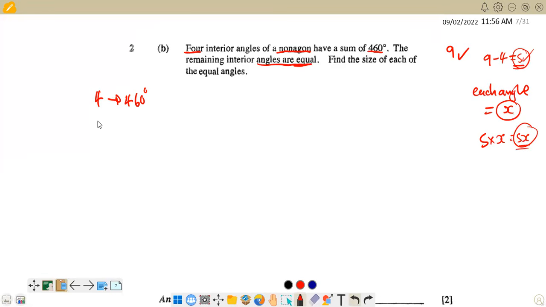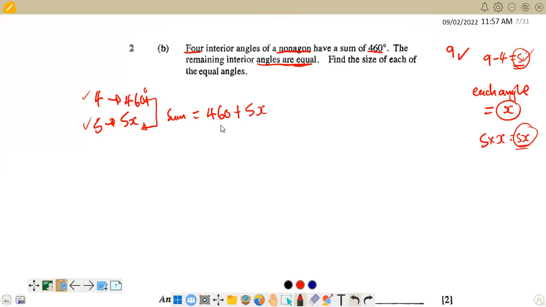You can choose any letter of your choice, x or y, but I decided to use x in this case. So these 4 angles and these 5 angles, if we add them, give us the sum, which is 460 degrees plus 5x.